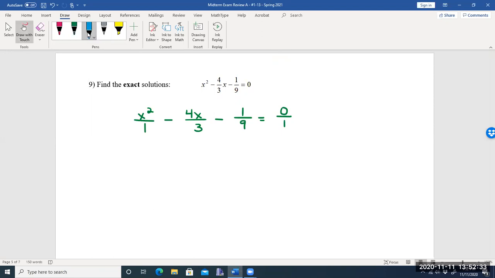Okay, so because this is an equation, if I can get every denominator to be 9, then I can cancel those denominators.